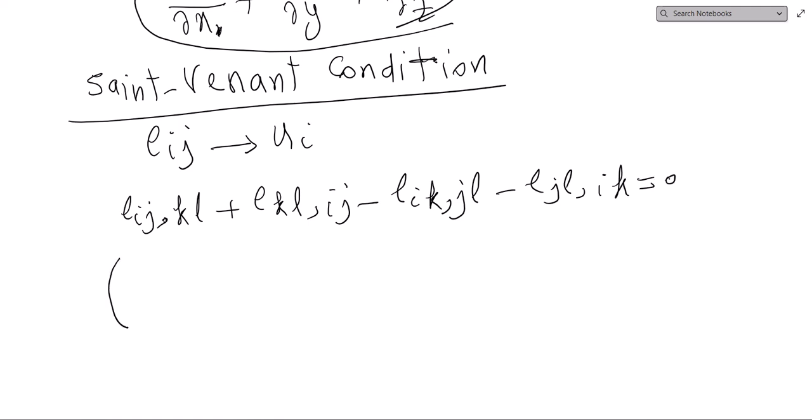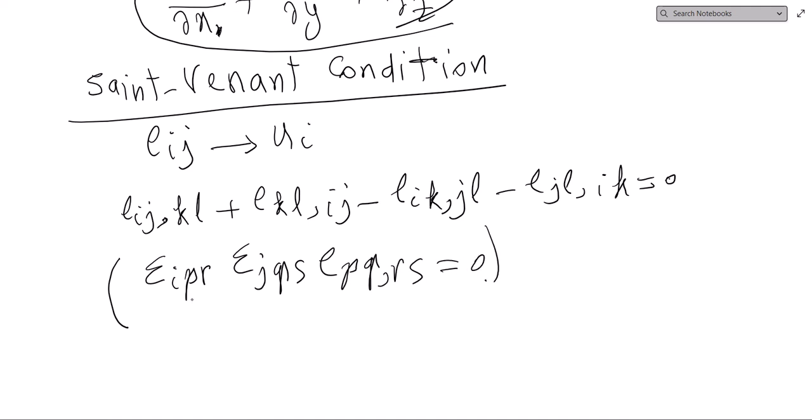Or we can make it more compact, writing it as epsilon_ipr epsilon_jqs e_pq,rs equal to 0. In here, these epsilons are called permutation symbols. They are not stress, they are not kind of tensor, they are symbols.